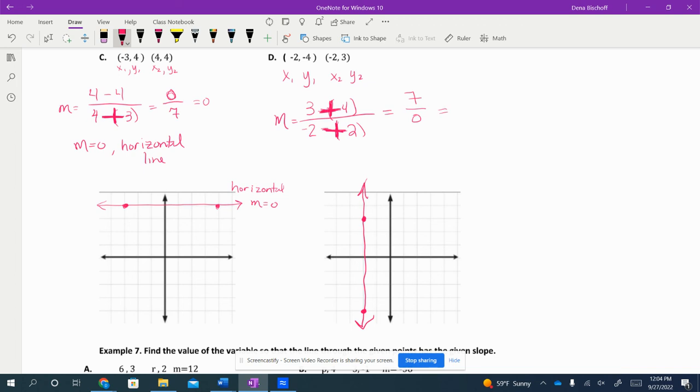So you're not allowed to divide by 0. That is called undefined. And if your slope is undefined, it means you have a vertical line, because you rise, but you never run. There's no slant on that line. It just goes straight up and down. You can rise a whole bunch, but you never run.